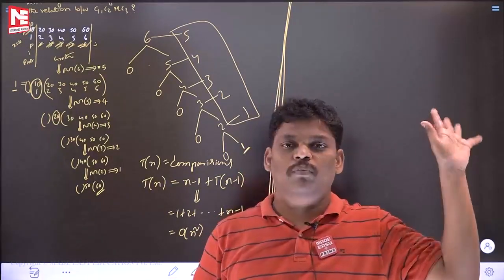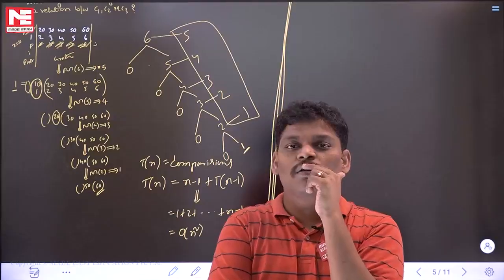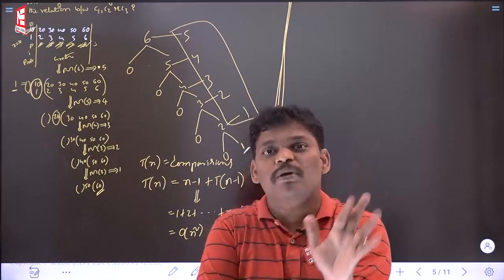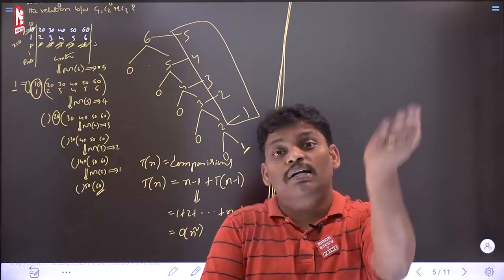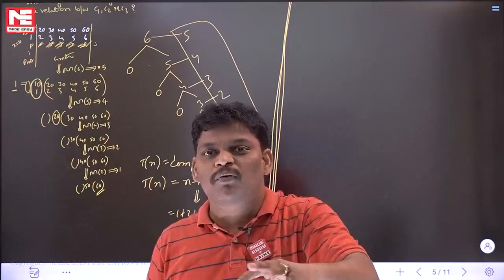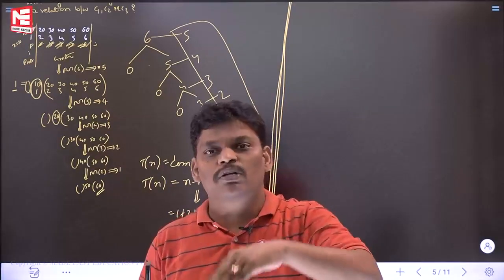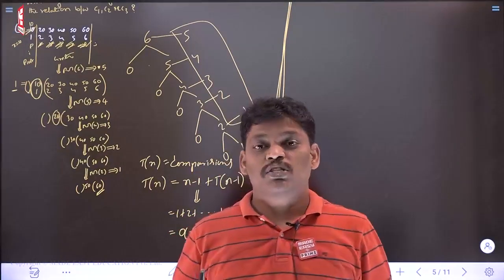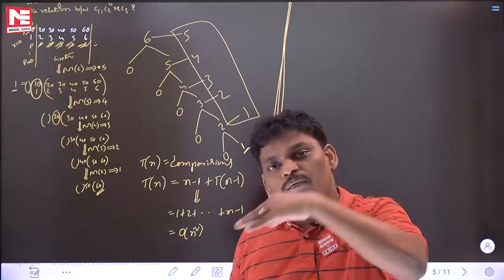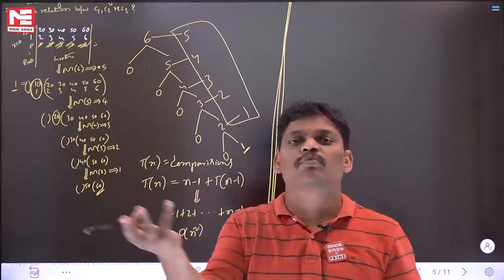Don't conclude by seeing one time. Who knows, the first time worst case came, the second time maybe best will come, the third time maybe worst, the fourth time maybe best. If it is coming alternately, what is the meaning? Half the time best, half the time worst, which goes to best only. Suppose half the time worst came and the remaining half best came, then also it goes to best case.